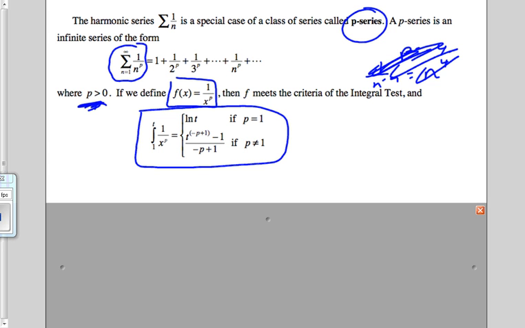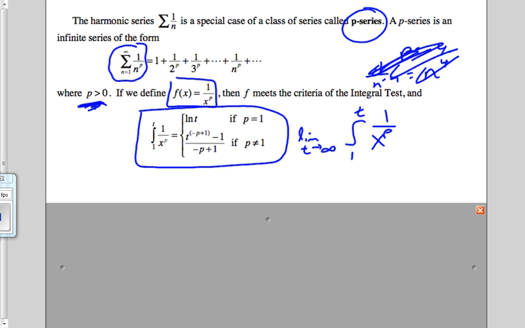We're saying the integral from 1 to t, where we're letting the limit as t approaches infinity of 1 over x to the p.